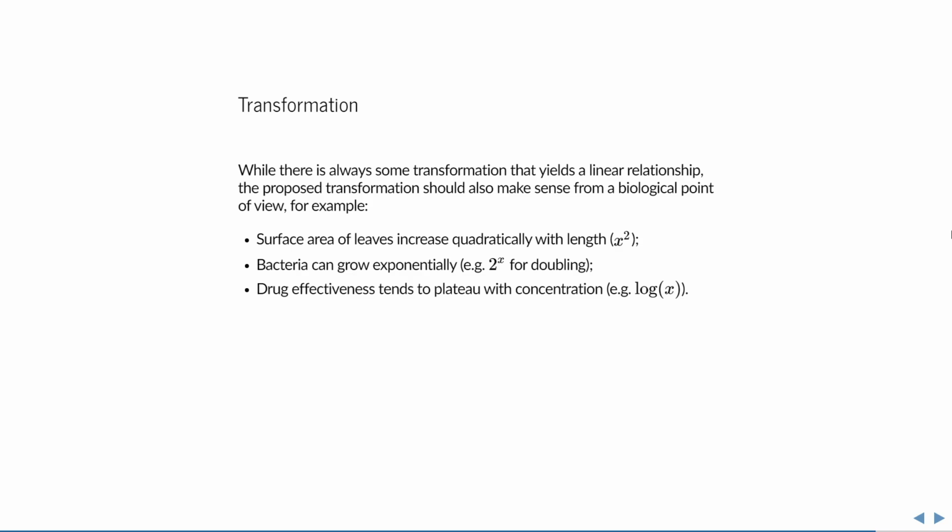But the proposed transformation should also make sense from a biological point of view, because transformation will make your model a lot harder to interpret. So, for example, if you're looking at the surface area of leaves and you're measuring the length of the leaf, then that would be a very clear reason to use a squared transformation, because the surface area increases quadratically with length.